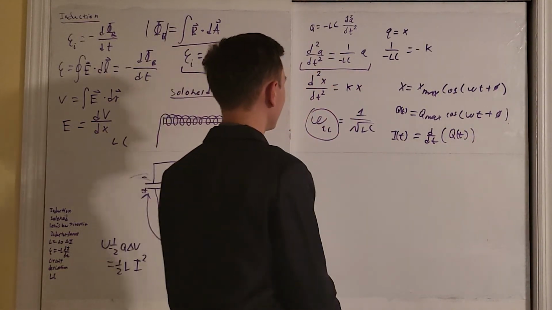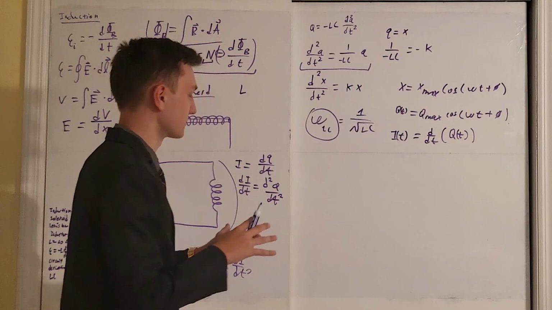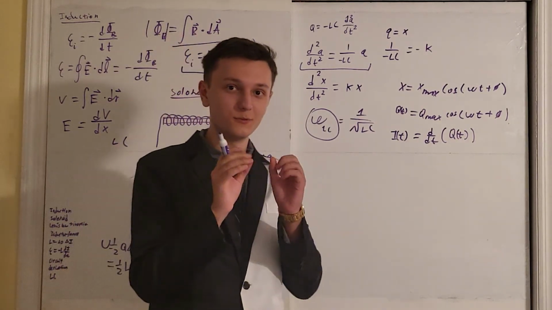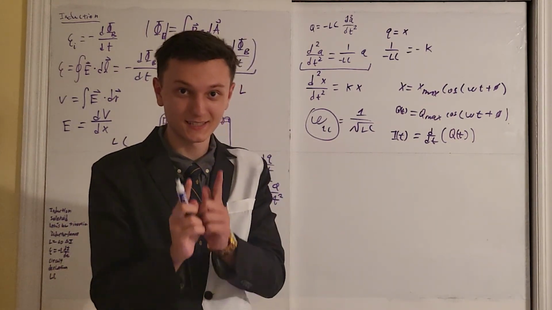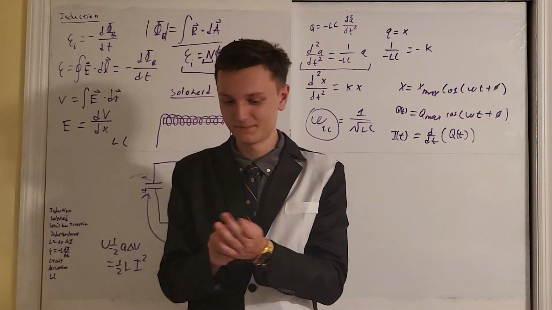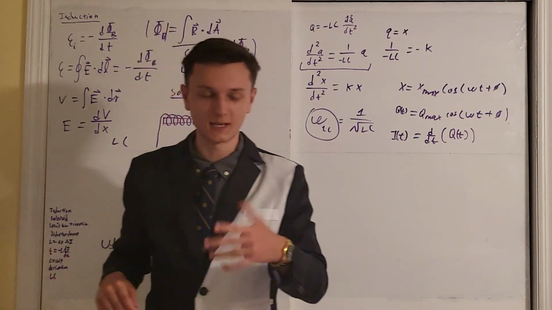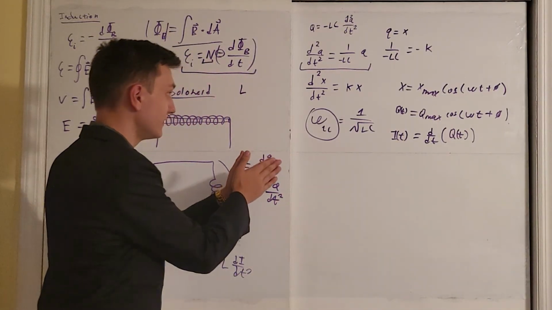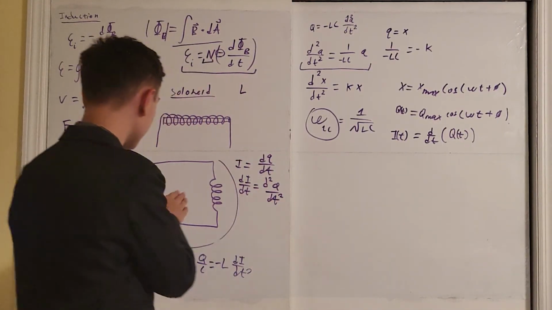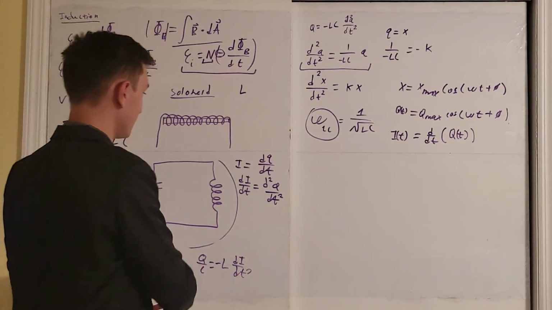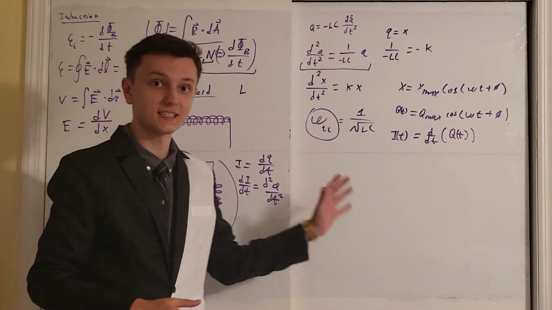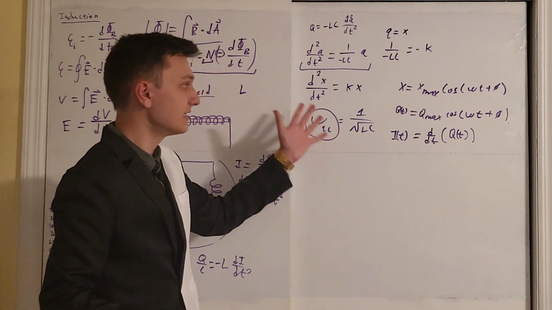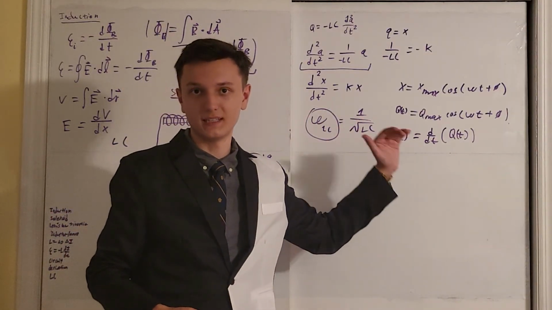Okay. So, from here, I wanted to leave you with one piece of advice for the E&M exam, or the Physics C both exams, for that matter. This topic right here, the analysis of LC circuits with oscillatory motion and differential equations, is a very high-level advanced topic in the course.